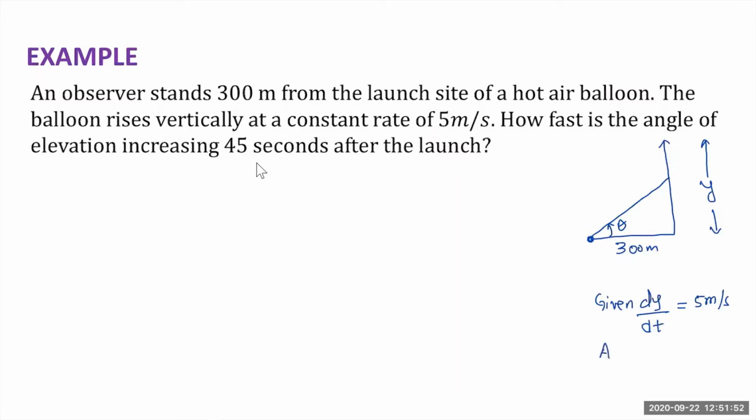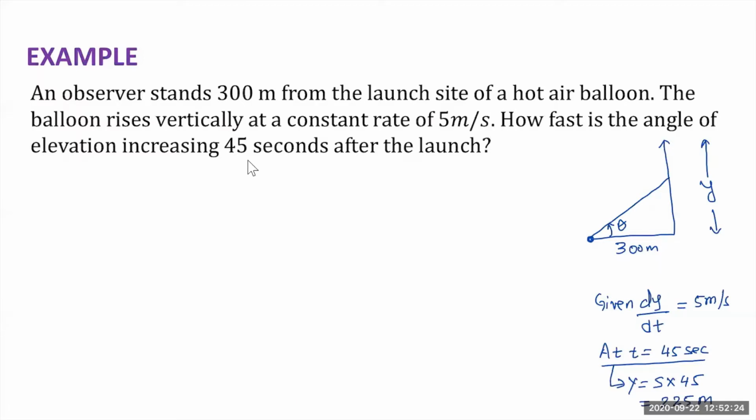So this is something we are calculating at t equal to 45 seconds. If you want to find the height at 45 seconds, every second the balloon is increasing in height by 5 meters, so it will be 5 times 45, which is equal to 225 meters.